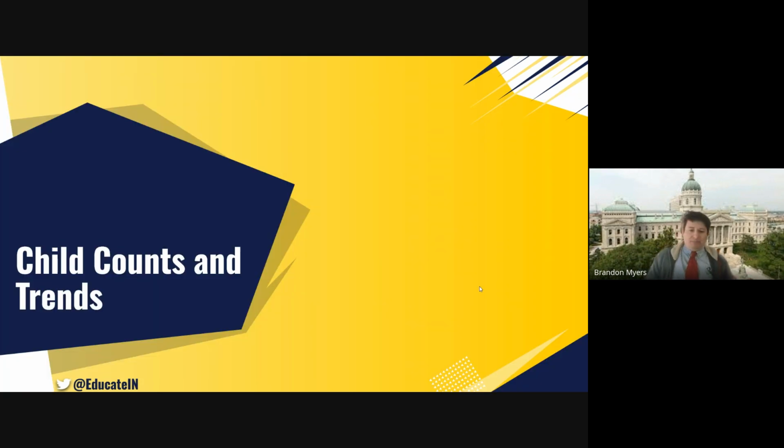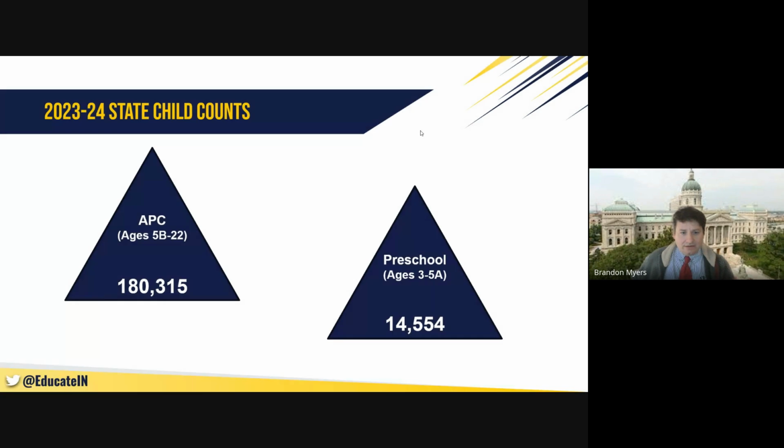Okay, now comes the fun part, which is our child counts and trends. All right, so this is the actual data that gives you a sense of what special education looks like in Indiana. So as I mentioned, we have these two major portions of the count, which is the school age population and the preschool.